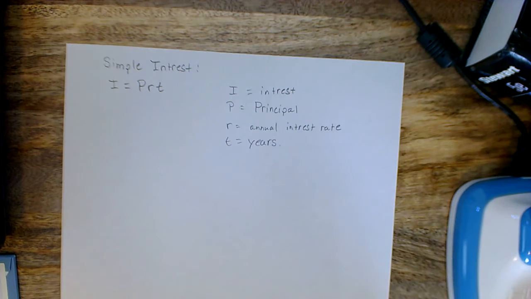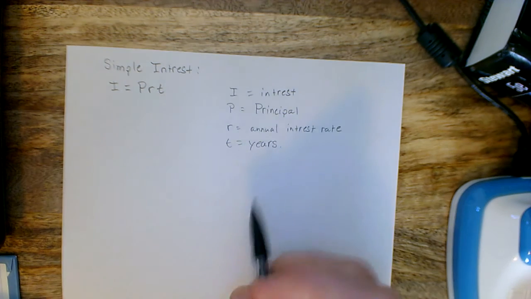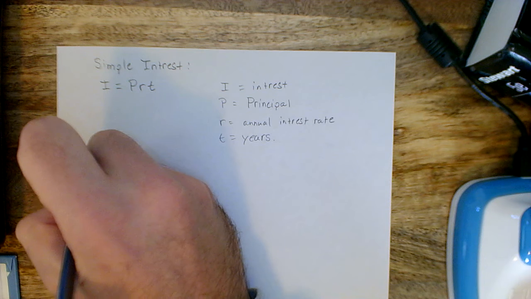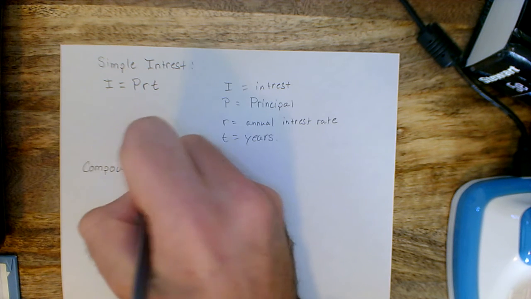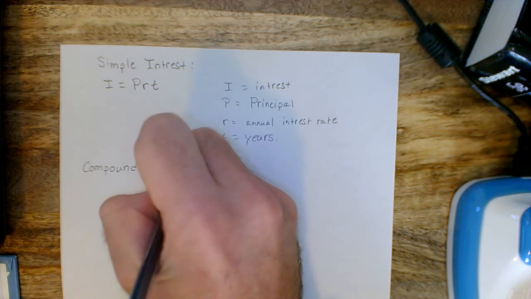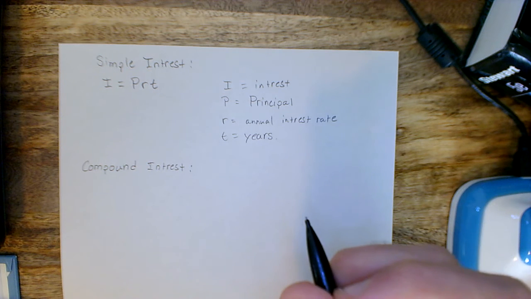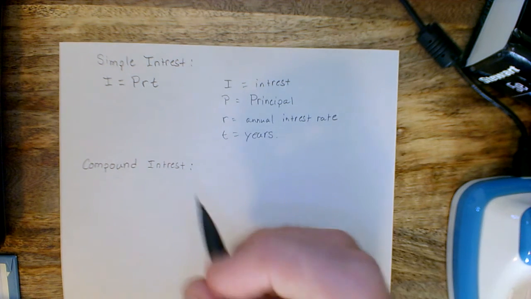Okay, so I won't rewrite the ones that overlap here, but then there's compound interest. I'll explain the difference in a second too.